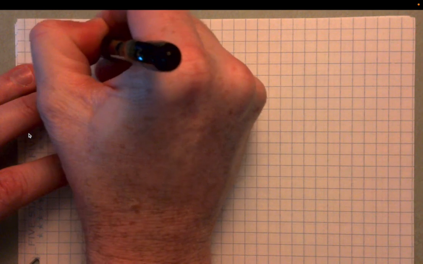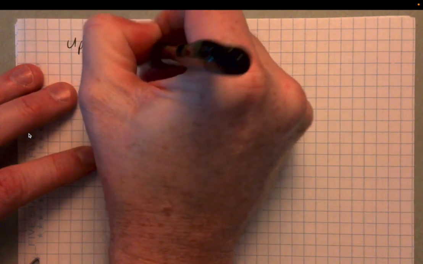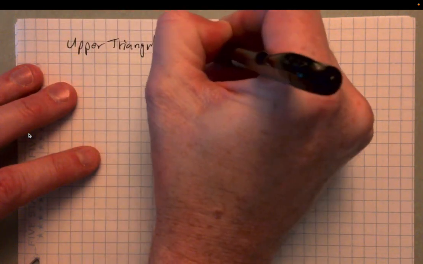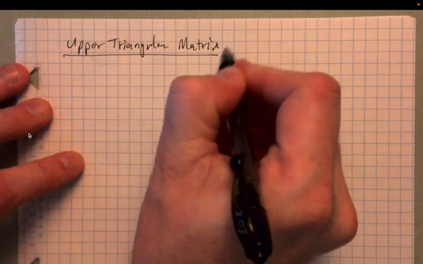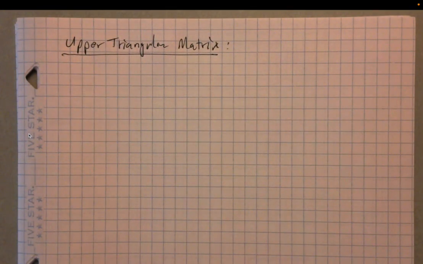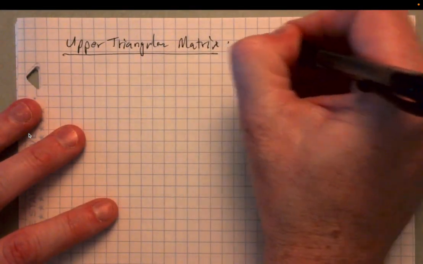Then a couple of others. There's something called an upper triangular matrix. This is a square matrix with all entries below the main diagonal equal to 0. So it's like a diagonal matrix, except you remove the restriction on the entries above the main diagonal.